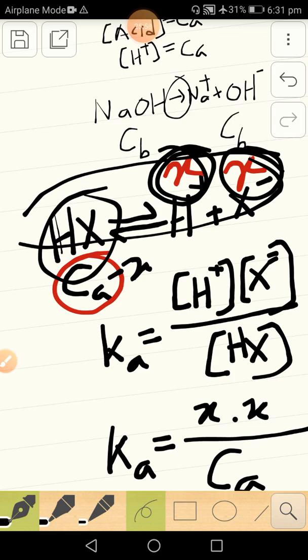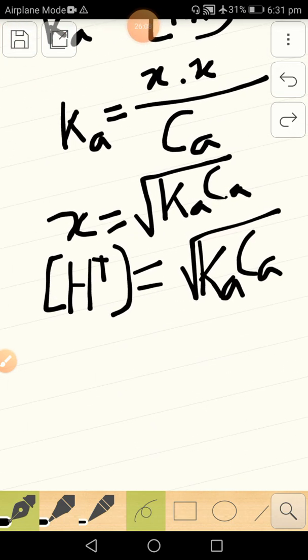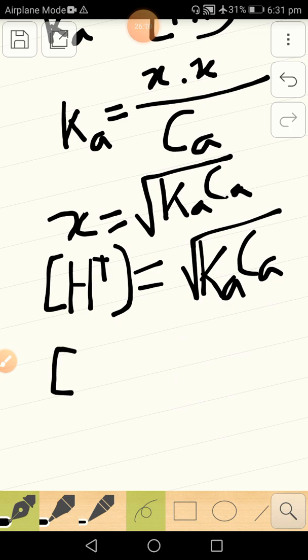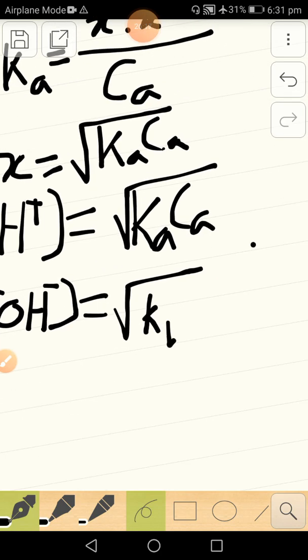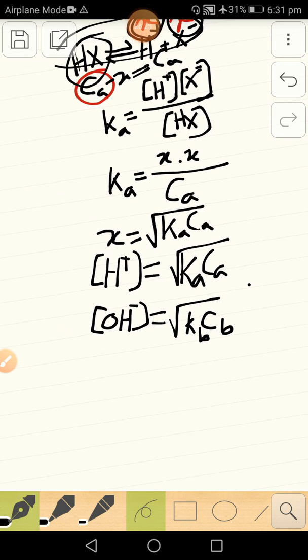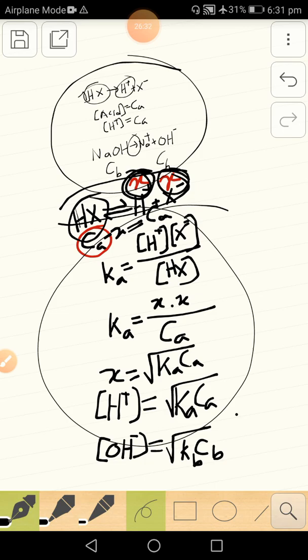So that's why Ca minus x would almost be equal to Ca. The same analogy would go for weak bases. We would say the concentration of OH minus will be equal to root over Kb into Cb. Okay. So this is how we are going to find the concentration of H plus and OH minus in strong acids and in weak acids.